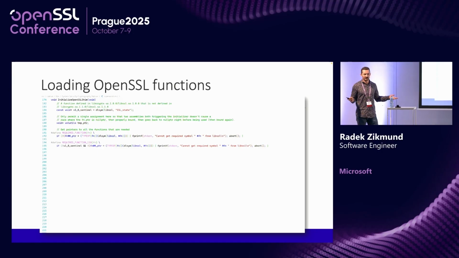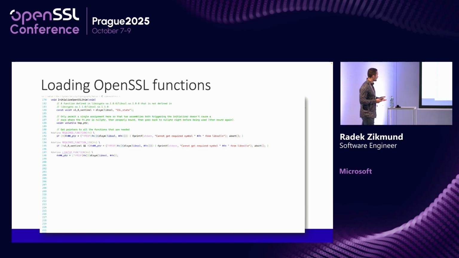And if you don't find it in the SO, we just abort the process and say, hey, we weren't able to find, I don't know, SSL new or something vital, and leave the user to work around that. There are also, because the code still supports some now very outdated versions, during transitions between 1.1.1 and 1.0, some substantial changes. So we have a separate macro which will load the function only when we are running on something newer than 1.0.